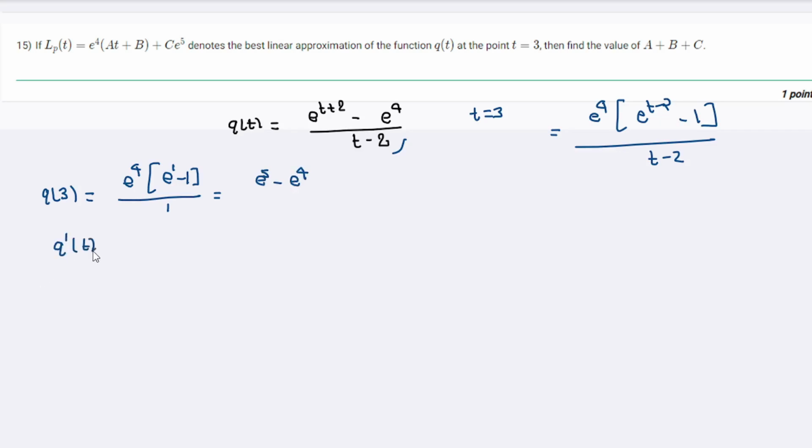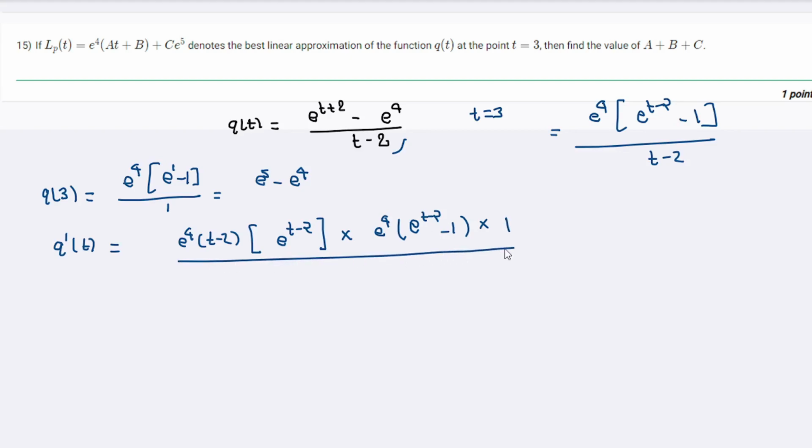Now q dash of t will be equal to e to the 4 times e to the t minus 2, multiplied by e to the 4, e to the t minus 2 minus 1, times the differentiation of this one, which will be equal to 1 divided by t minus 2 whole square.